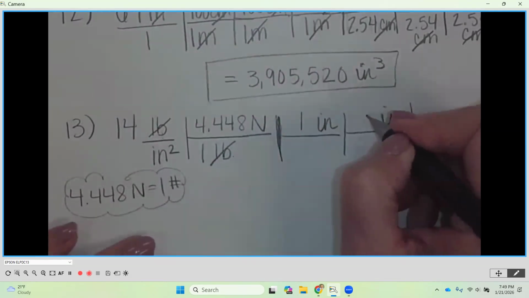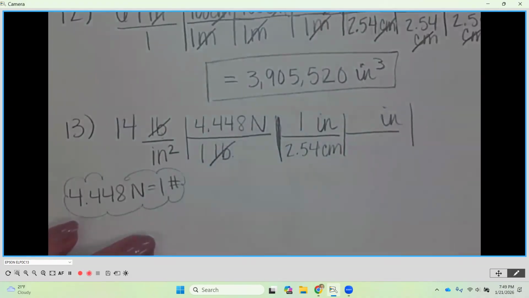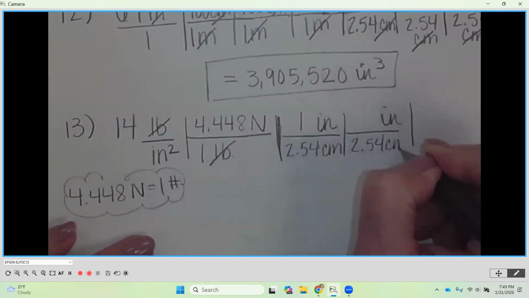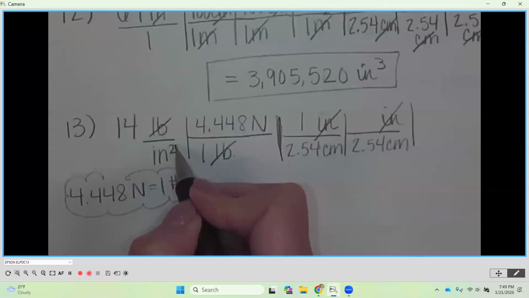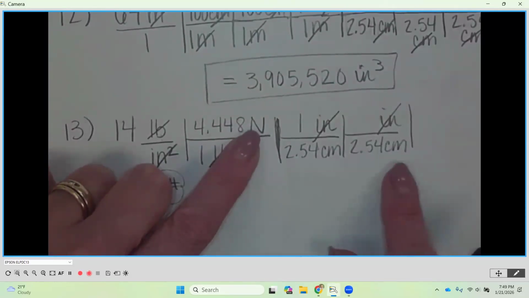I know that 1 inch is equal to 2.54 centimeters. That's going to go on the bottom, and then 2.54 centimeters on the bottom. So my 2 inches cancel out the inches squared, and I'm left with newtons per centimeter squared.